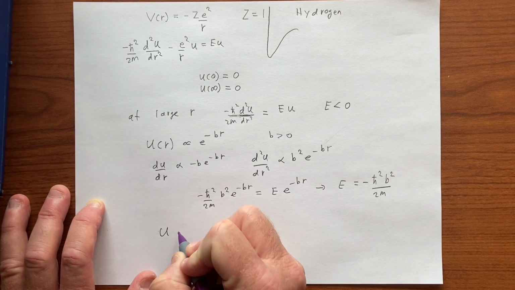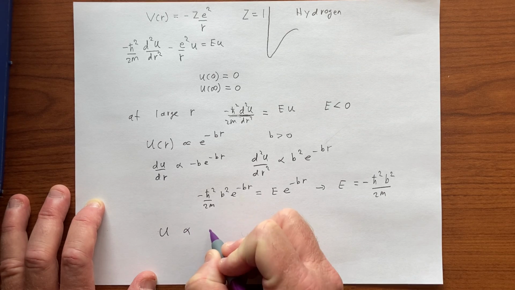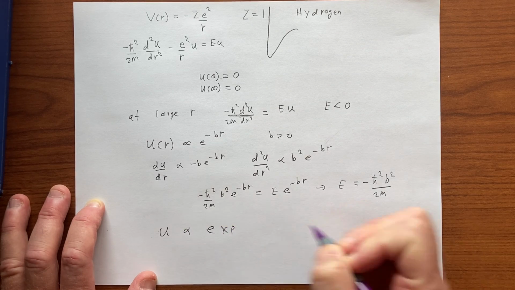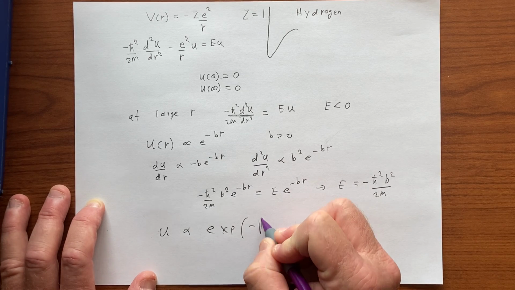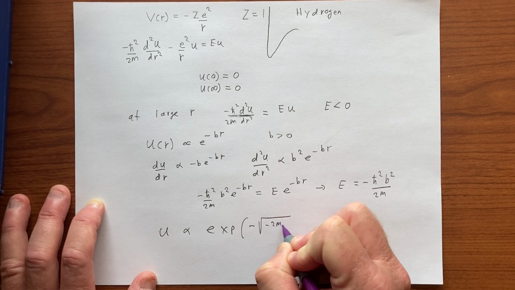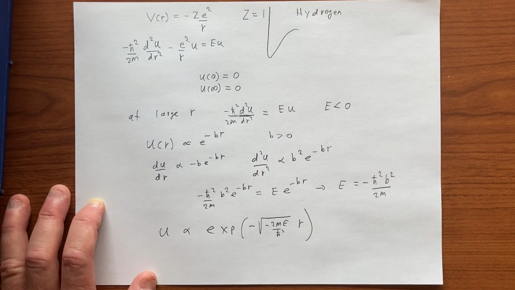So the u function goes like e to the minus square root of minus 2mE over h bar squared times r. So for large r, the solution has to look like that.